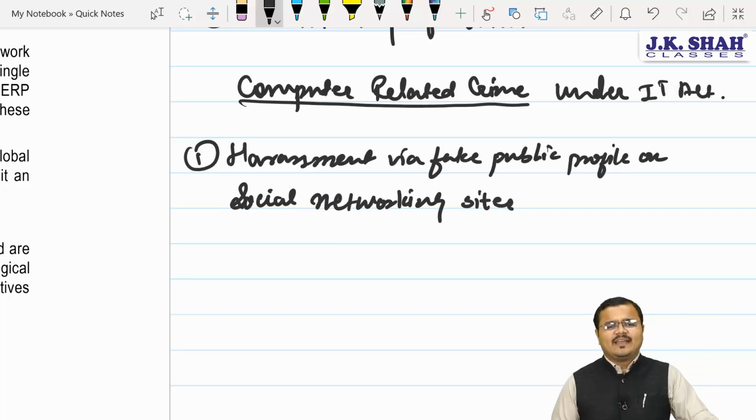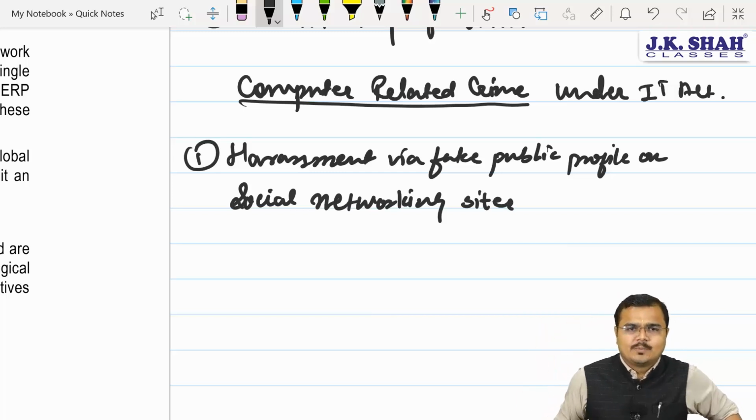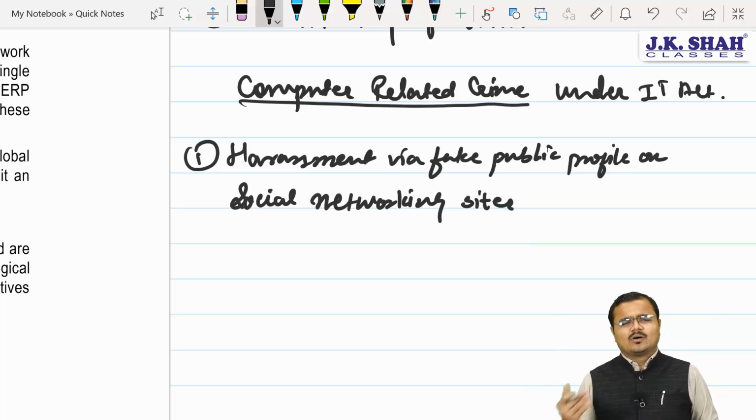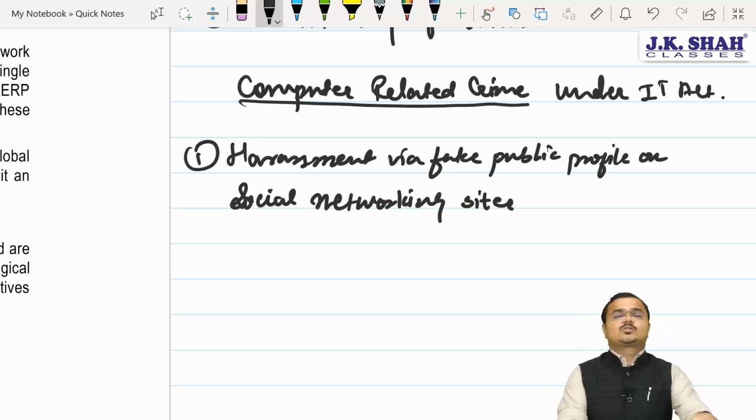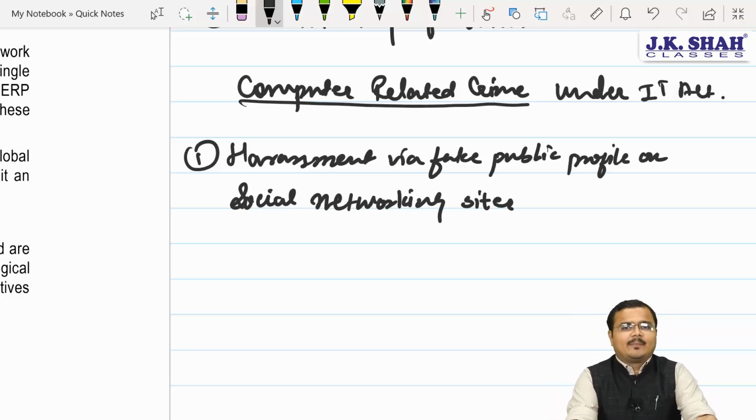Nowadays you know very well that n number of fake public profiles are created on social media, including Facebook, Twitter, also Instagram. If somebody tries to harass you by creating a fake public profile, then that will amount to a computer related offense under the IT Act.